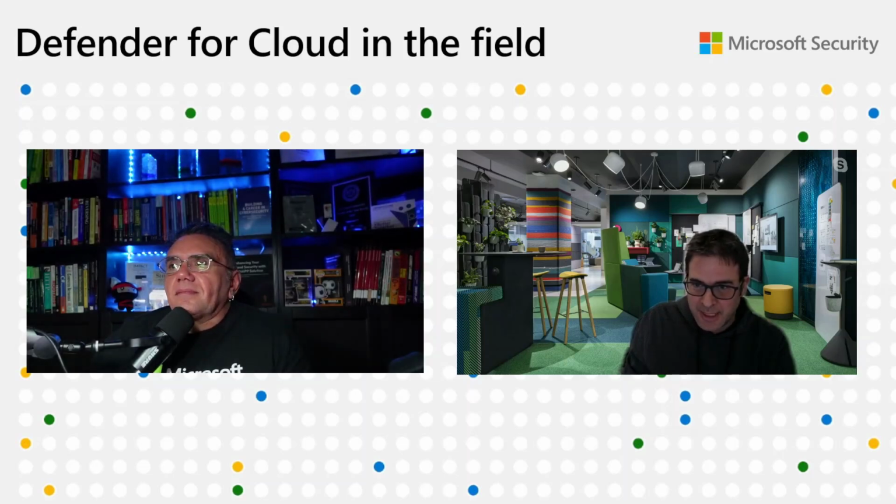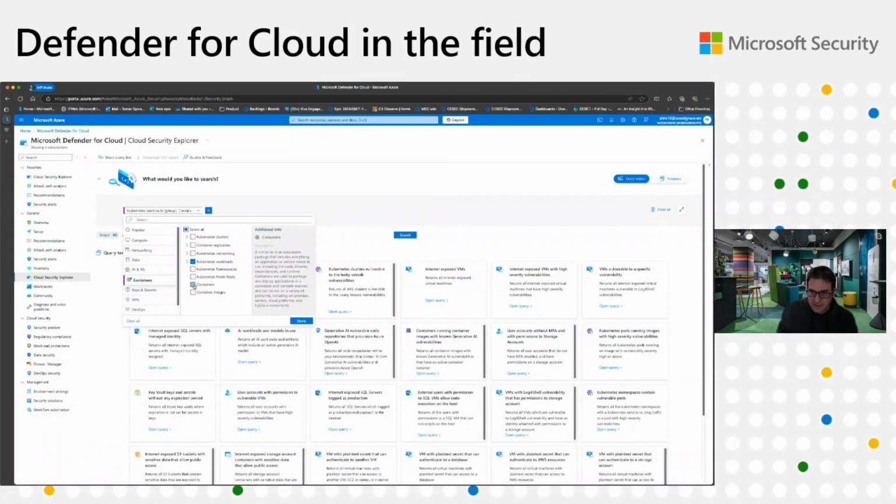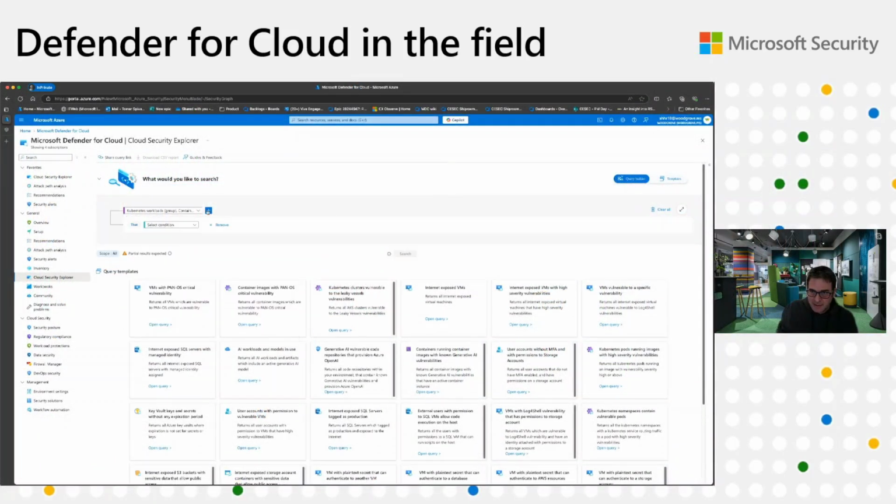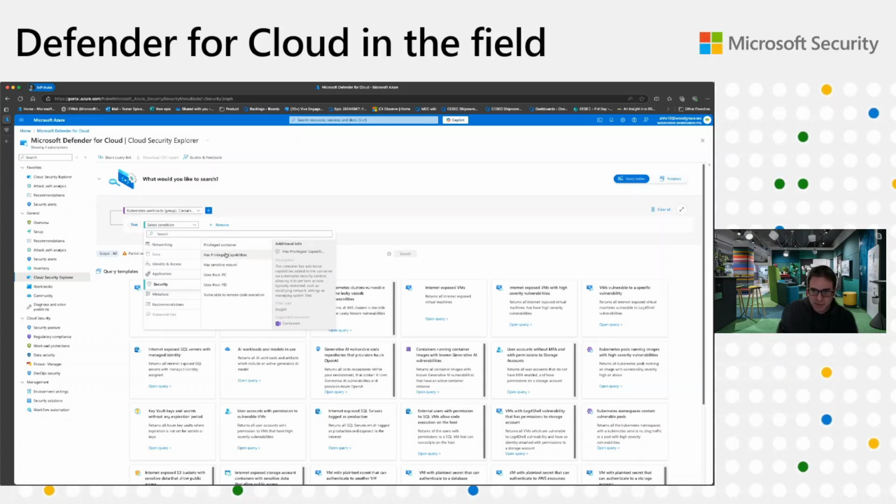So when I'm looking at container workloads and containers, if I want to query by security insights, then we have a few new capabilities, including searching for privileged containers with privileged capabilities, containers that are using sensitive mounts, host IPC, and host PID. All of this is now queryable.